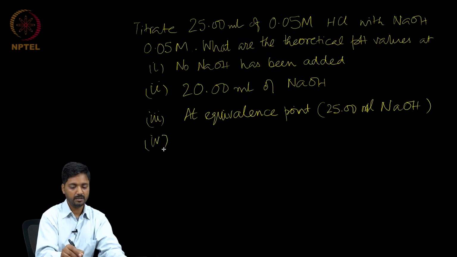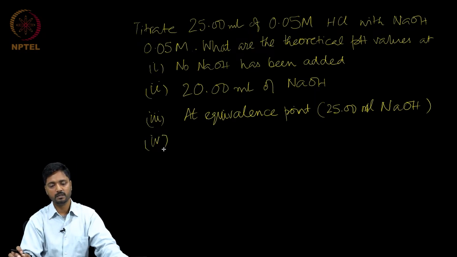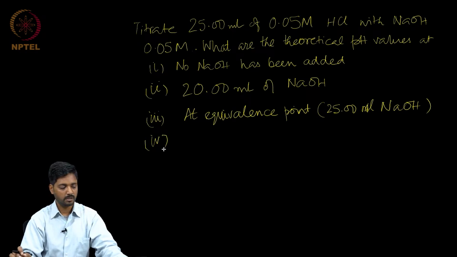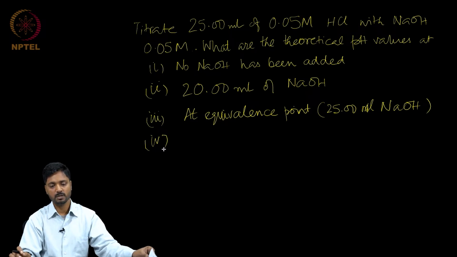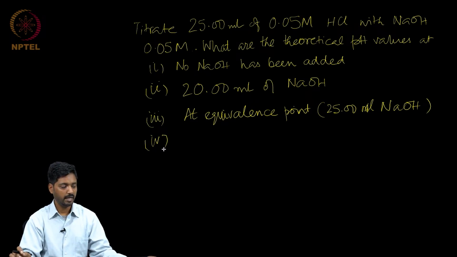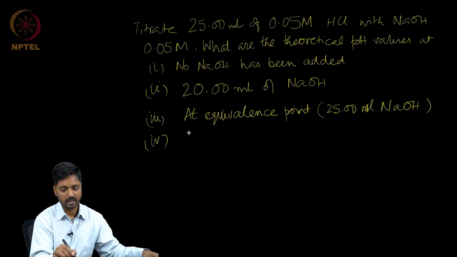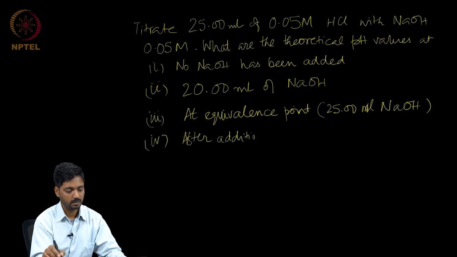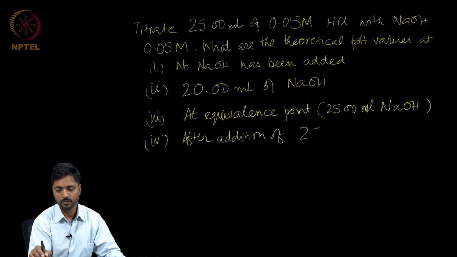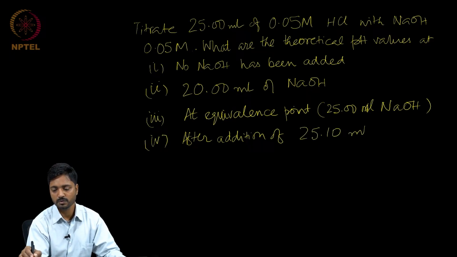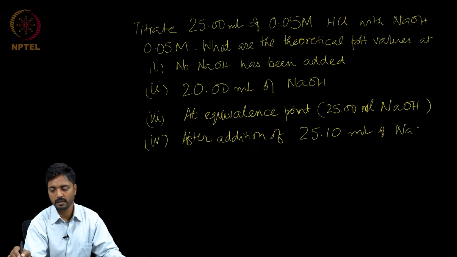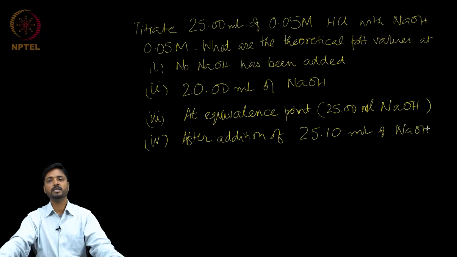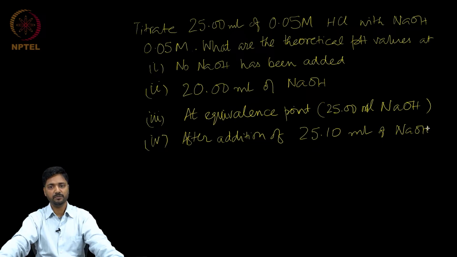And finally, we will calculate the pH post equivalence, and that would be at or after addition of 25.10 ml of NaOH. So these would be the four conditions that we will calculate the pH at.